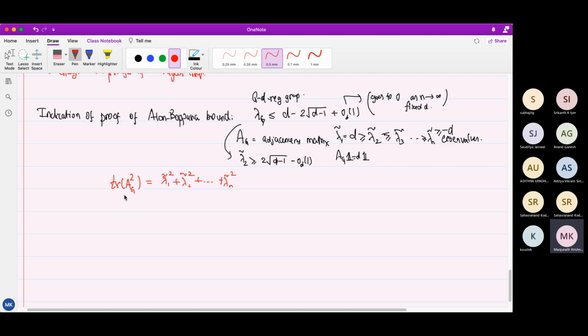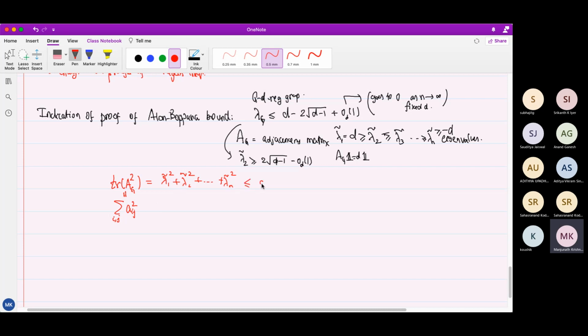On the other hand, it is the sum of the diagonal entries of A squared, which in this case becomes the sum of A_ij squared over all i, j. Sum of squares of all the entries, because it's a symmetric matrix. Now, what we know is that the first one is d squared.